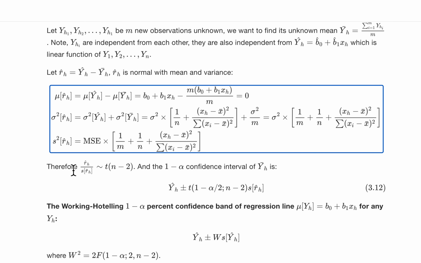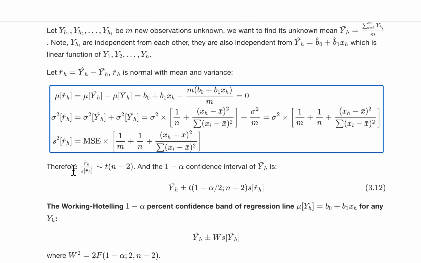And the first thing we're going to do here is another quadratic form decomposition. We're going to decompose the sum of squared (Y_i minus Y bar) terms, which we call SSTO.